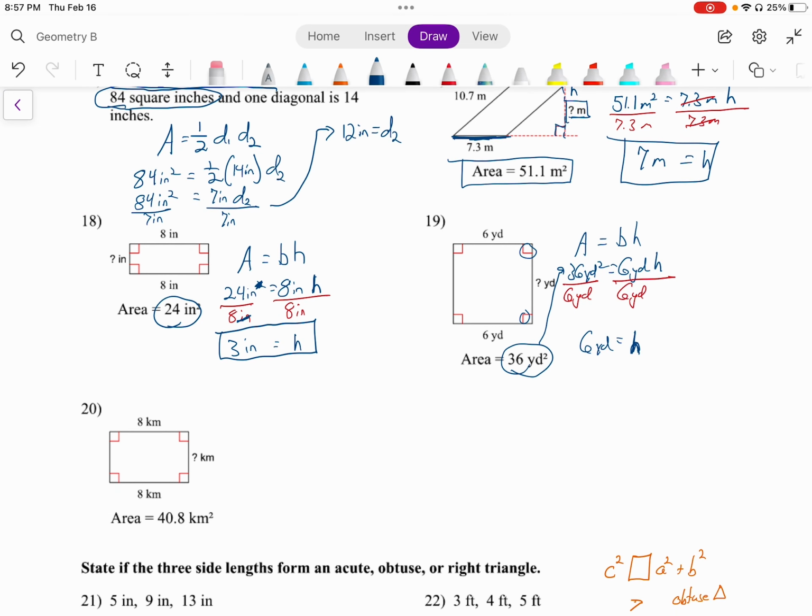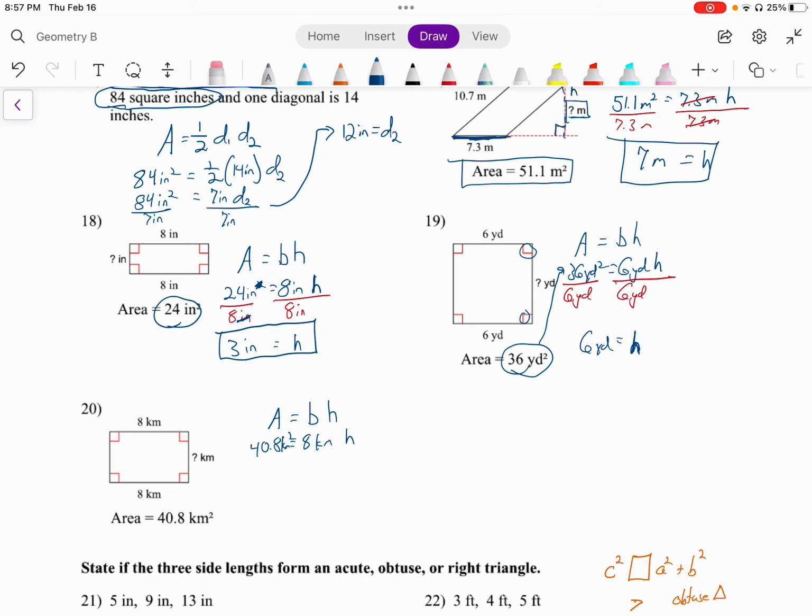Well, number 20 is very much like number 18, just that it's a different number for the area. It's a rectangle. Is base times height. We know the area is 40.8. We know the base is 8. I guess we should put kilometers squared and kilometers here.